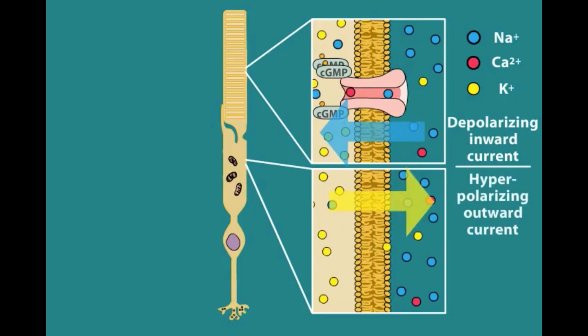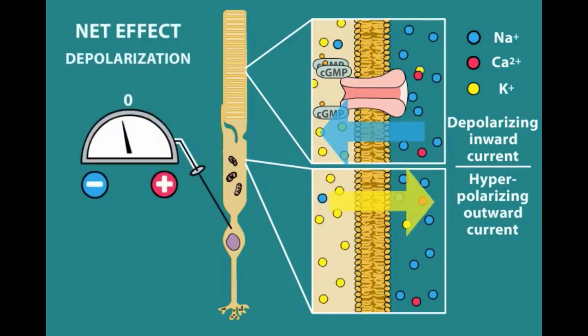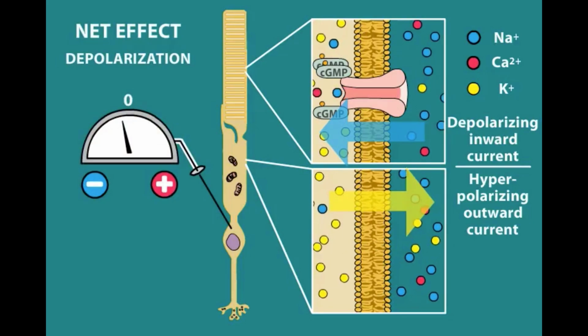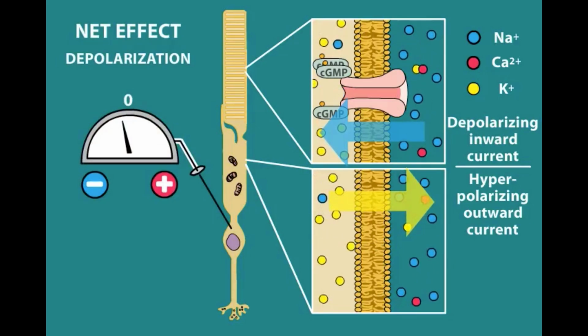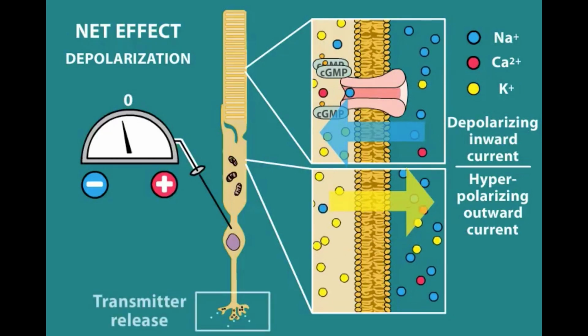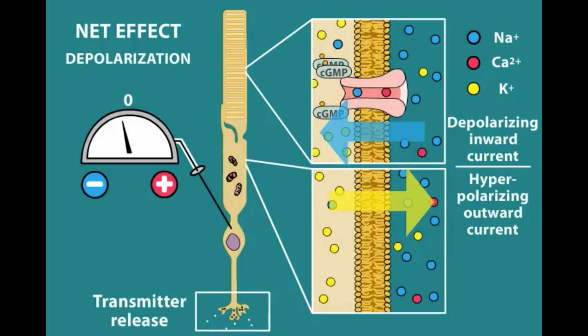The combined result of these ion flows, however, is the depolarization of photoreceptors in the dark. In the dark, the depolarized state of the membrane, which is at approximately minus 40 millivolts, triggers continual transmitter release from the synaptic terminals of the photoreceptor cells.